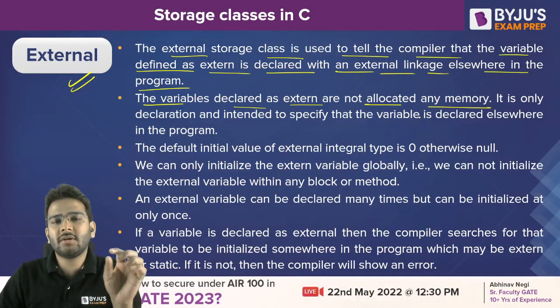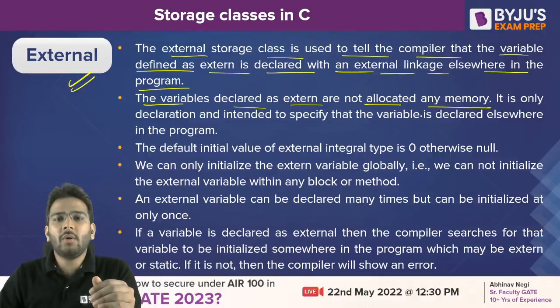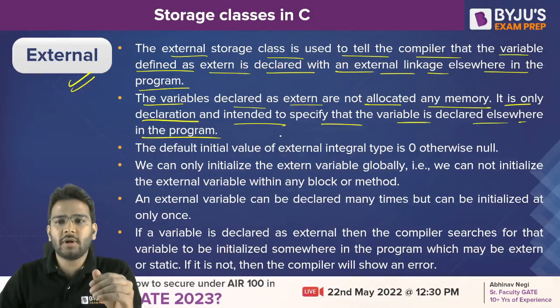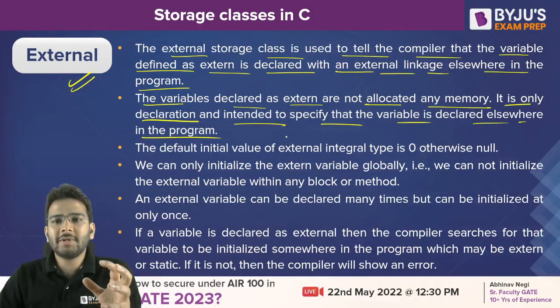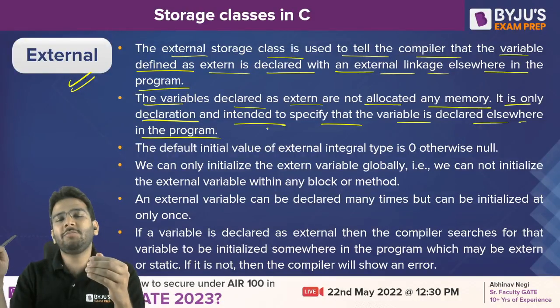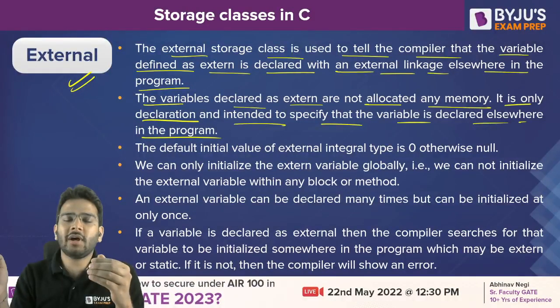So once we write extern int a, we are not allocating the memory. Memory will be allocated when we declare it, intended to specify that the variable is declared elsewhere in the program. So basically, when we are writing extern int a, it is just for telling the compiler that somewhere else in the program we are going to declare it, define it, and initialize it.